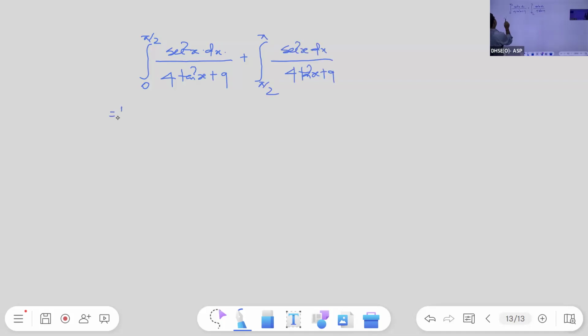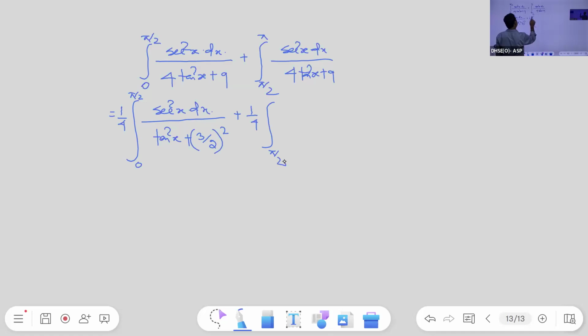This is equal to 1 over 4 integral 0 to pi over 2 secant square x dx upon tan square x plus 3 by 2 whole square, plus 1 over 4 integral pi over 2 to pi secant square x dx upon tan square x plus 3 over 2 whole square.